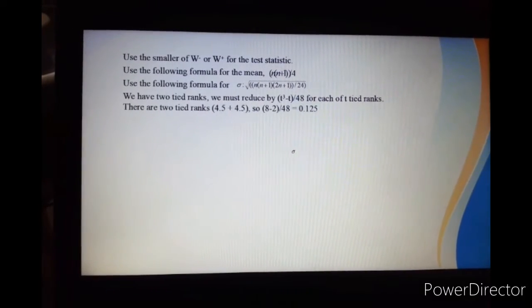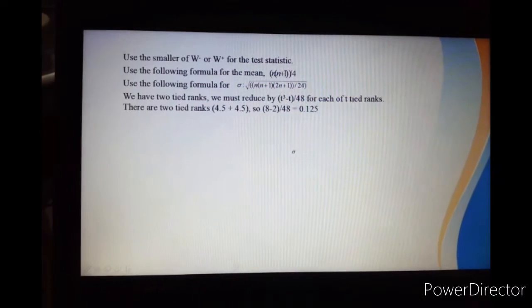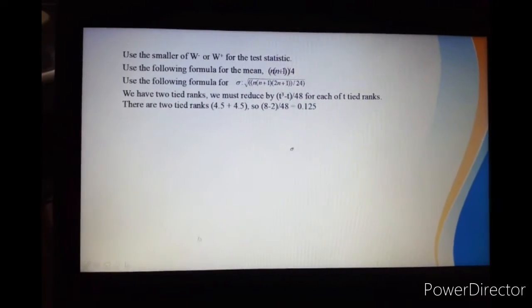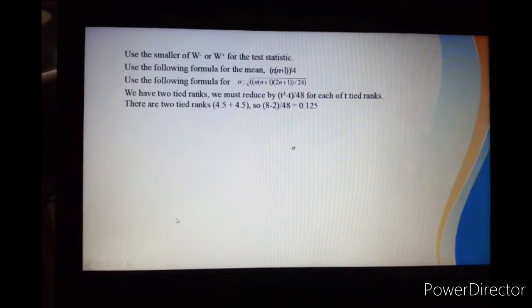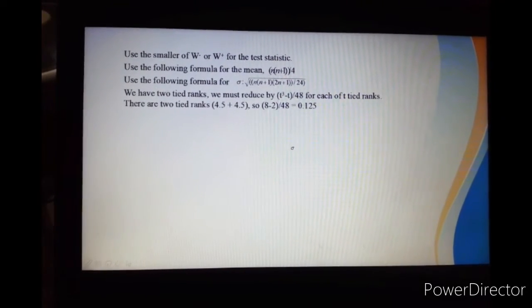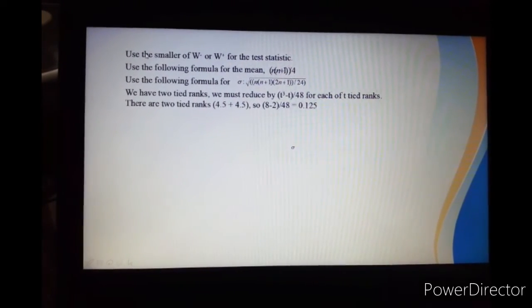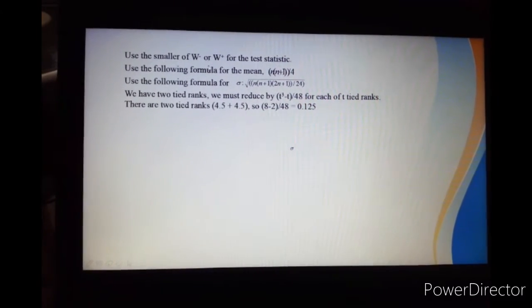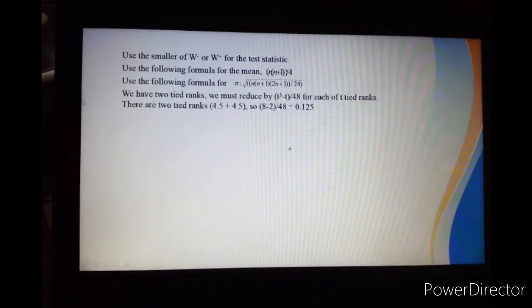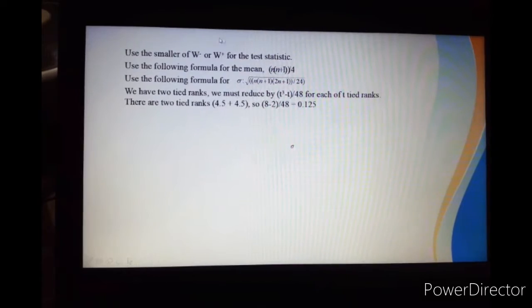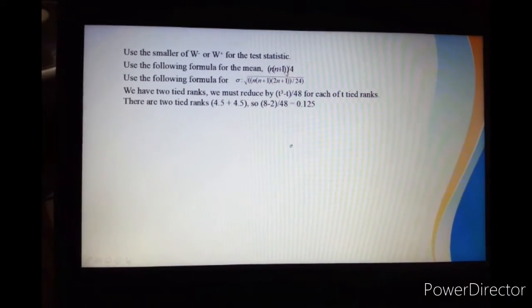So this time, we need to apply a normal approximation with Wilcoxon signed ranks. Okay, and the last thing to do is to get the z-score. For the z-score formula, there are several modifications or considerations. First, we use the smaller of the Wilcoxon summations of the negative differences or the positive differences for the test statistic.